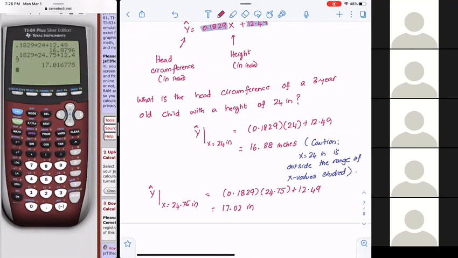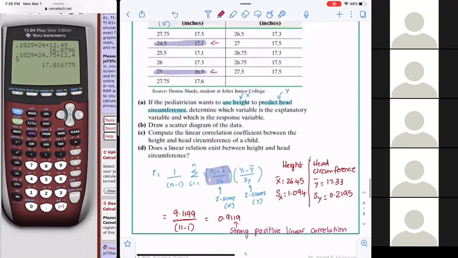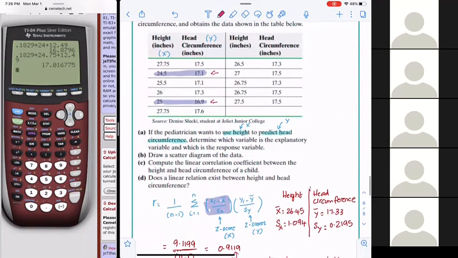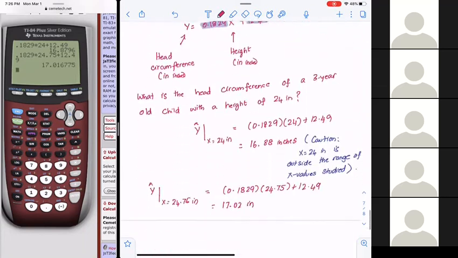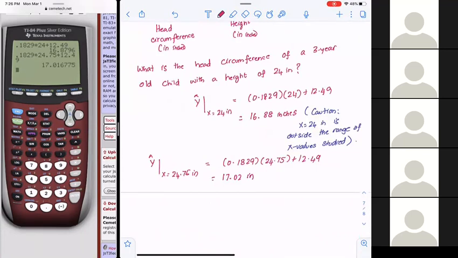So as another example, if we plug in 24.75 inches, which certainly is in the range of the x values, I know that the corresponding head circumference will be 17.02 inches.